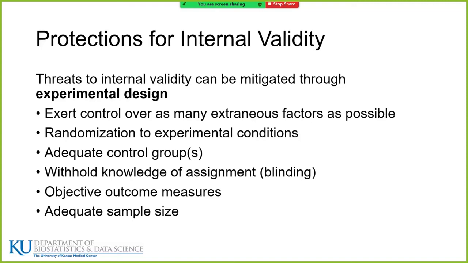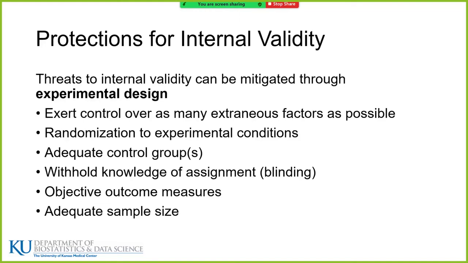So can we do that over the way we include or exclude participants? So thinking about the criteria that would make someone eligible for the study. There can be some control exerted there by making individuals with a certain mutation ineligible because we know that mutation is going to potentially bias the outcome.